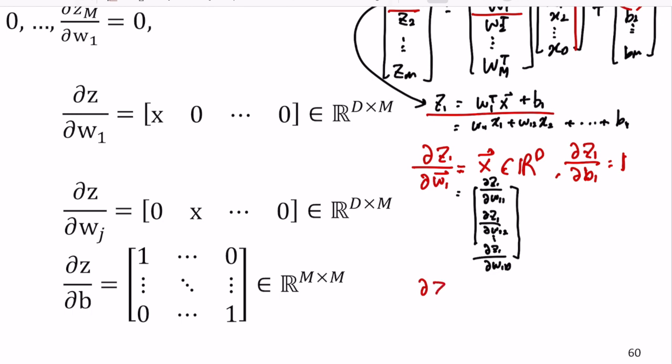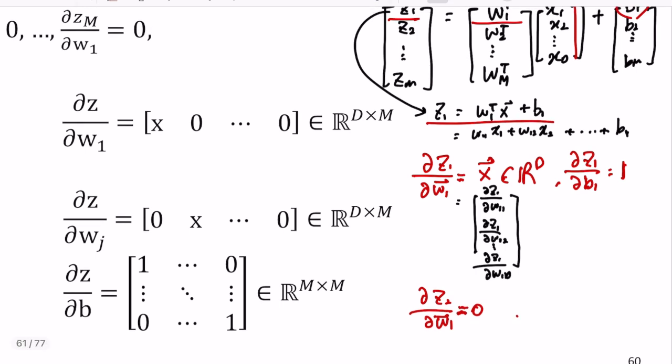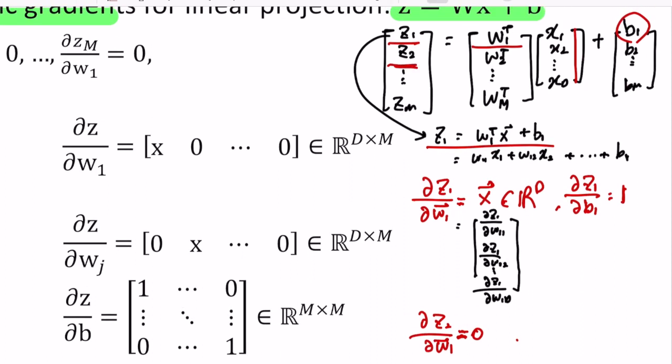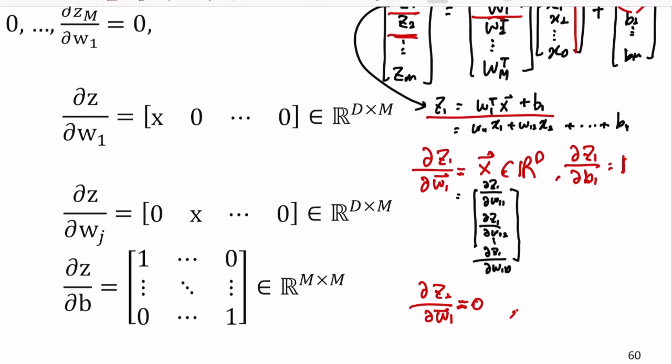Similarly, Z2 over the vector W1 is equal to 0, because Z2 has no W1-related term.